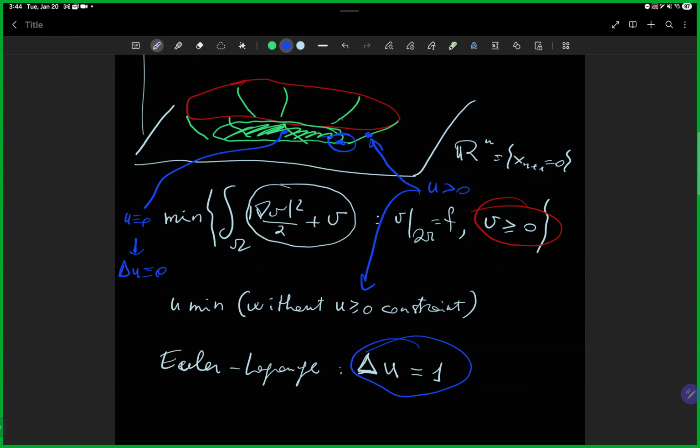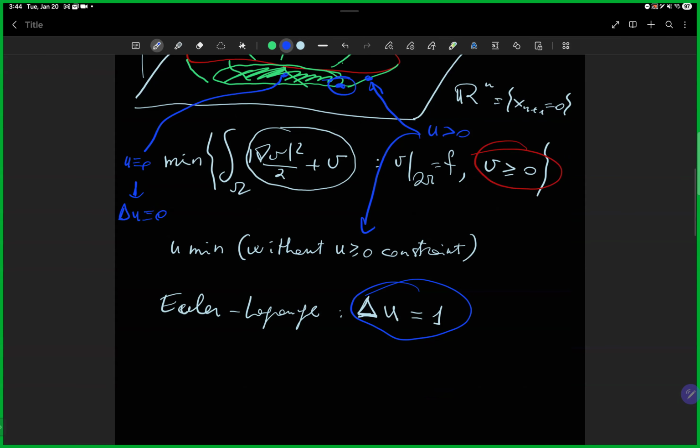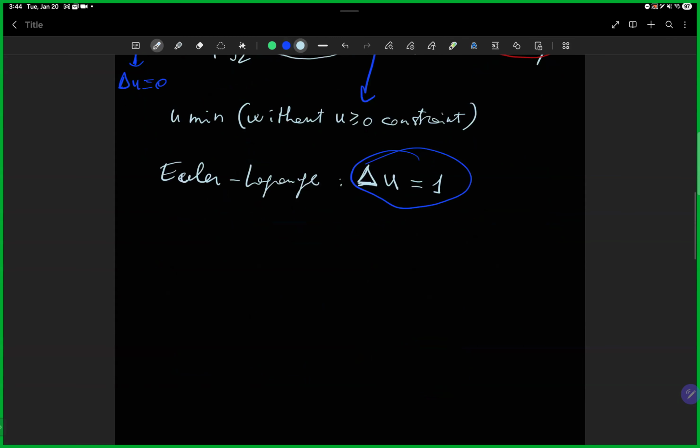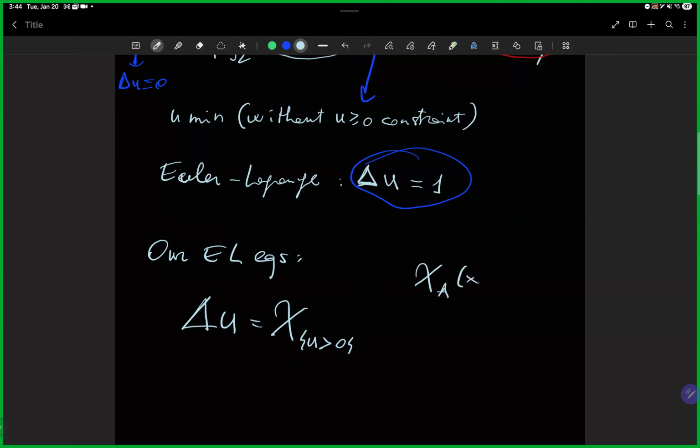So motivated by this intuition, maybe you believe me if I tell you that in this case our Euler-Lagrange equation is the following. Laplacian of u is the characteristic function of the set u greater than 0. Remember, the characteristic function of a set is the function which is 1 in A and 0 outside.